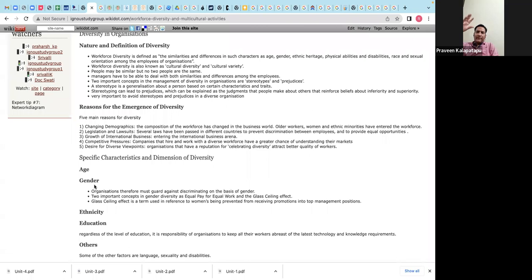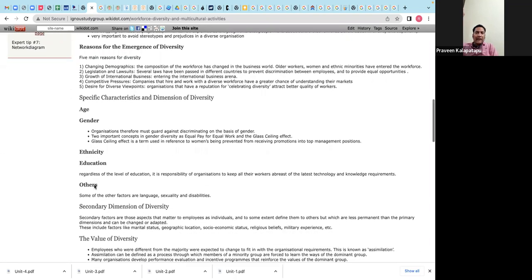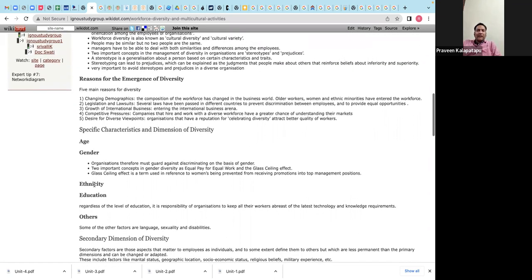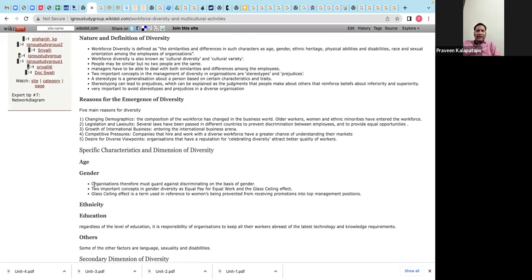These are the two aspects which managers need to be careful about when it comes to diversity, right? The ultimate aim of diversity awareness is to remove these notions. That is the aim of this diversity related aspect from the management point of view.